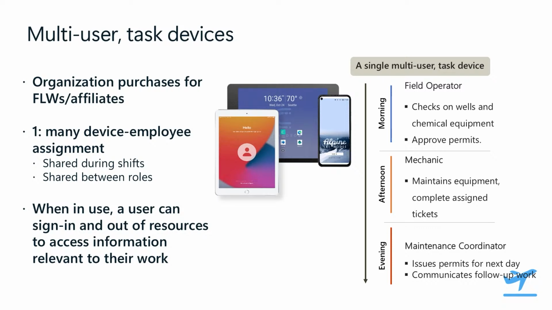When the device is being used, the user can sign in and out of applications to access information that is relevant to them. On the right-hand side of the screen, we have an example of how one device can be used throughout the day between three different roles, where each user might need to sign in and out of a different set of applications to perform different tasks that are relevant to their job. We will cover a lot of features specific to these types of shared devices later in the session.